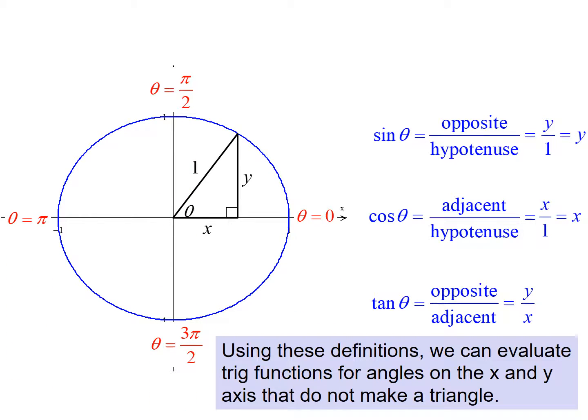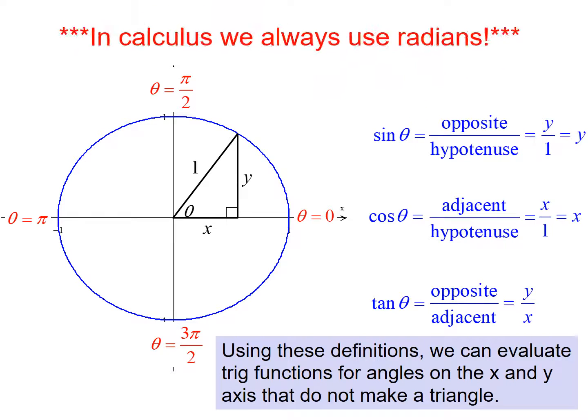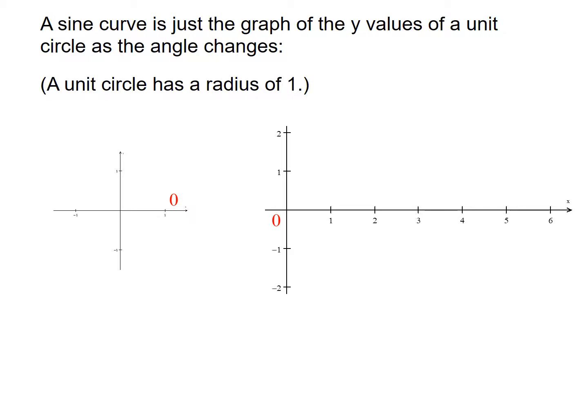All right, so we have our 90-degree angles. We're using radians, so we have 0, pi over 2, pi, 3 pi over 2. If we take a look at the relationship between the unit circle and the sine graph, we start here with 0, and we can then go up to an angle of pi over 2, and the y value at pi over 2 is 1, so the sine curve has made it up to 1.